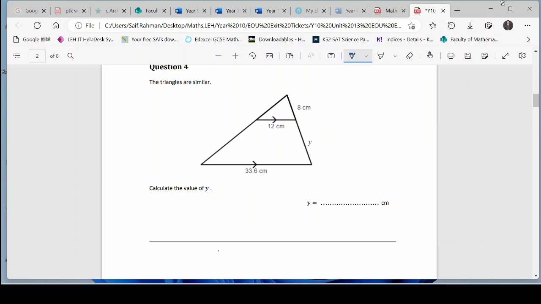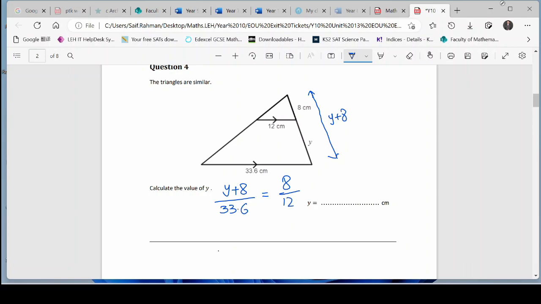So here also the two triangles are similar. So the big triangle, this whole length, is y plus 8. So we use the same rule to solve the question. So y plus 8 divided by 33.6, right? So this side divided by this side. So in the smaller triangle also, we have to take first the 8 because we have taken this side first, then the base. 8 divided by 12.